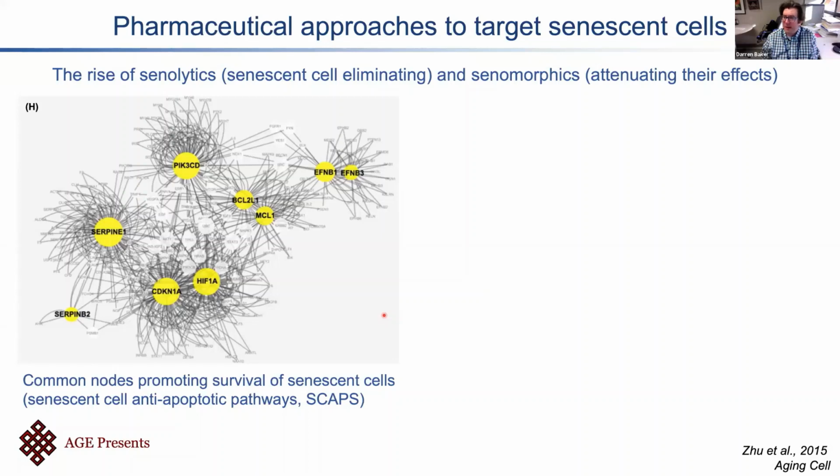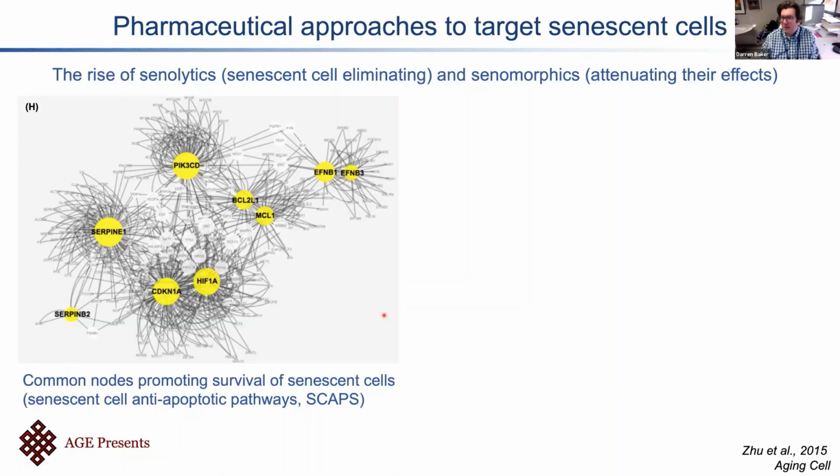In fact, there are many clinical trials being done with these senolytic drugs, trying to selectively eliminate senescent cells. There's also a different category of compounds known as senomorphics, which are designed to attenuate the effects of senescent cells.